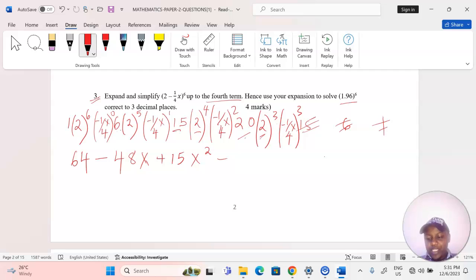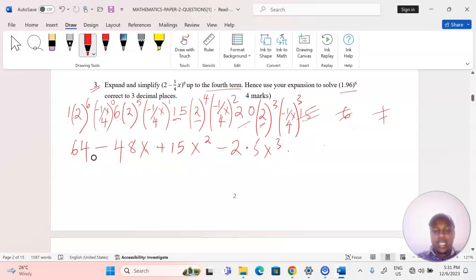Therefore, we'll be having 20 times 8 times 1 out of 64. And there is a negative, so negative 2.5 x power 3. So that is the fully expanded expression now.